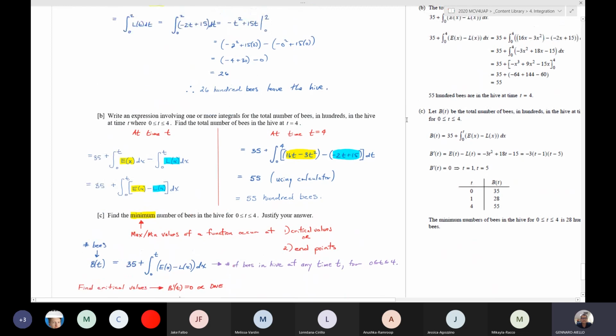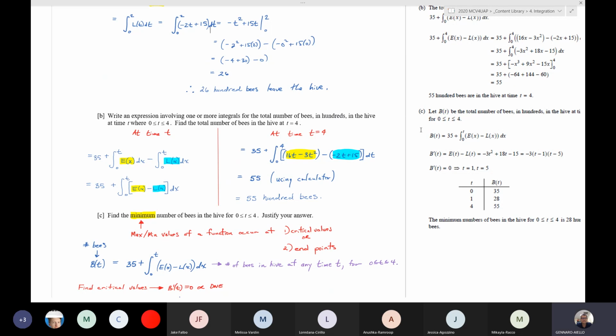Okay, part B. Write an expression involving one or more integrals for the total number of bees in hundreds in the hive at time t, where t is some value in between 0 and 4. And then find the total number of bees in the hive at t equals 4.